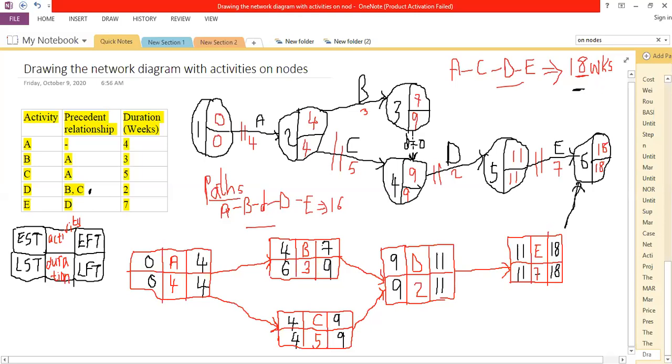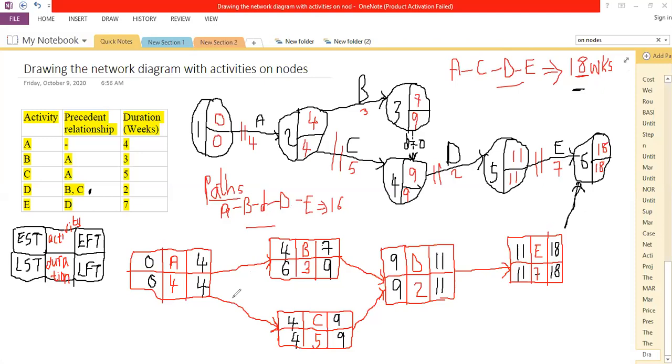Then you come and mark your critical path. You mark your critical path for all the nodes whose earliest start, latest start, earliest finish, latest finish are the same.